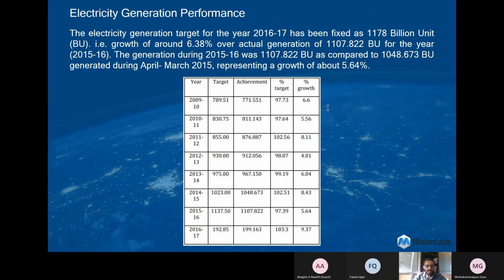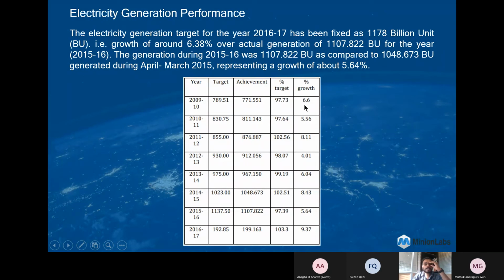The generation during 2015-16 was approximately 1100 billion units as compared to 1048 billion units generated during April to March, representing a growth of about 5.64%. It is increasing rapidly, as you can see in this table.